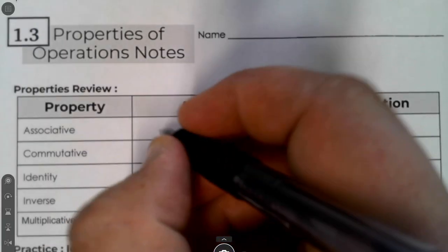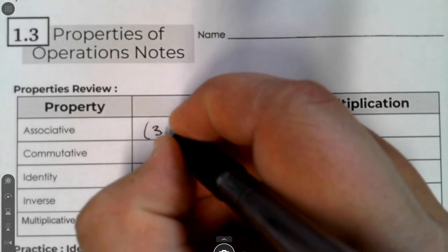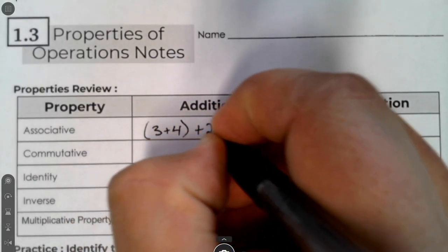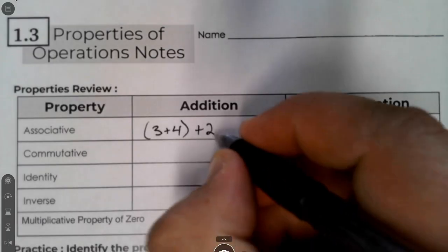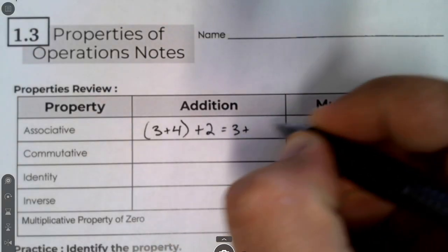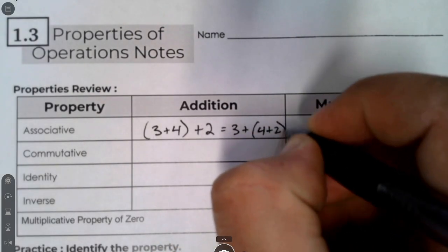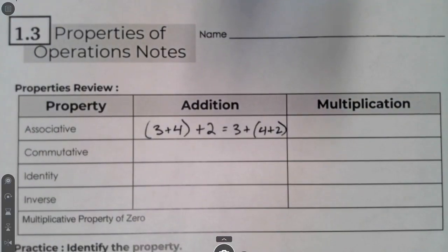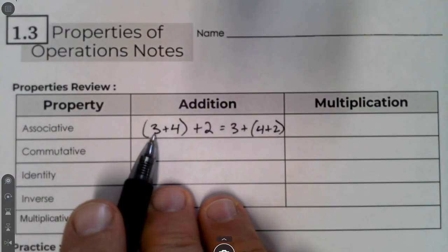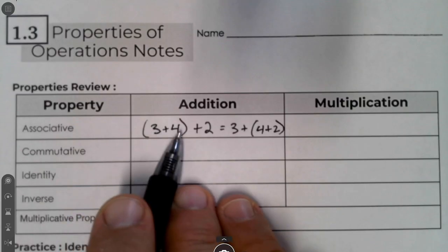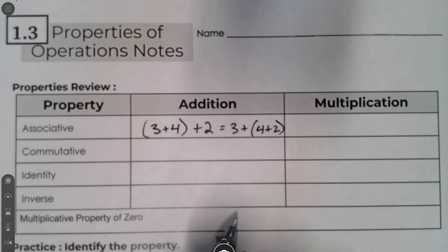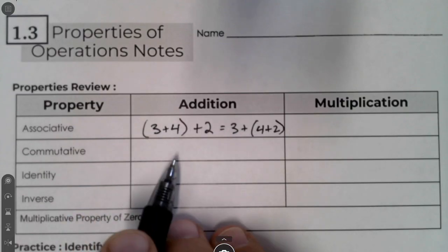So associative could look like this. 3 plus 4 in parentheses plus 2 is equal to 3 plus 4 plus 2 in parentheses. If you notice, it's the exact same numbers on both sides. 3, 4, 2, 3, 4, 2. They're in the exact same order on both sides.